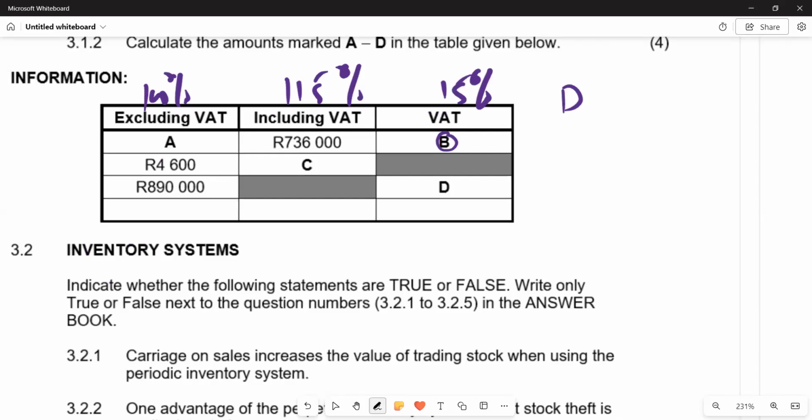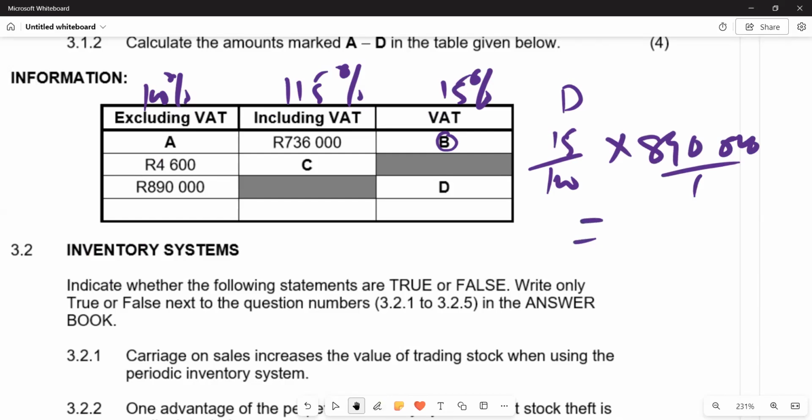So basically, you're saying 15 over 100, and then you multiply by 890,000. Then you are going to get your figure for VAT. So for VAT, which is our D, calculate like that. You see that the answer that you are going to get there is 133,500. So this becomes your D.